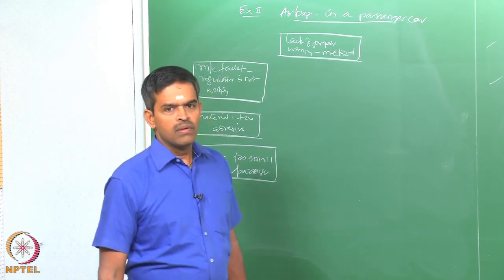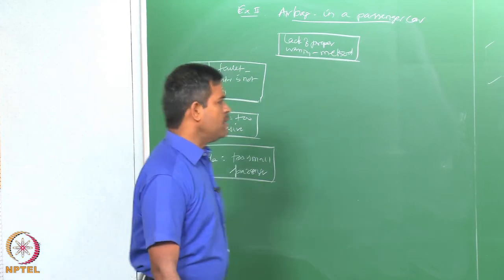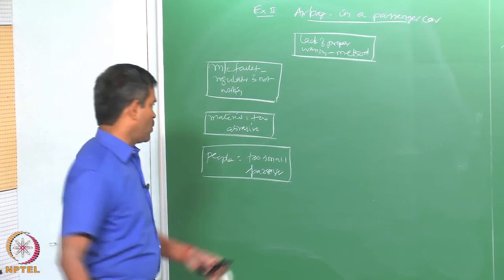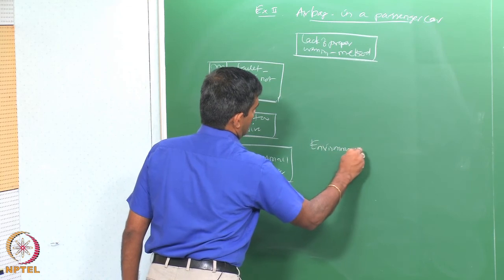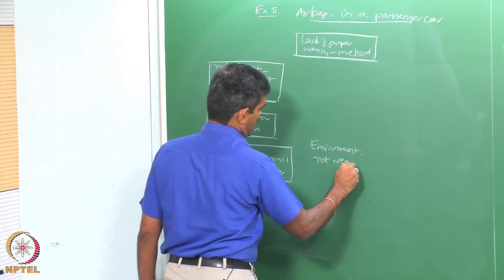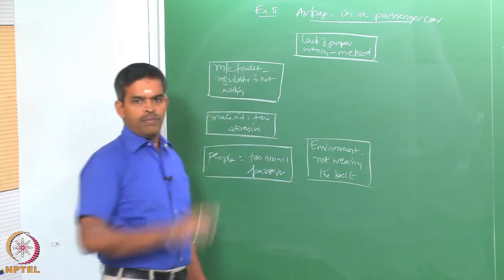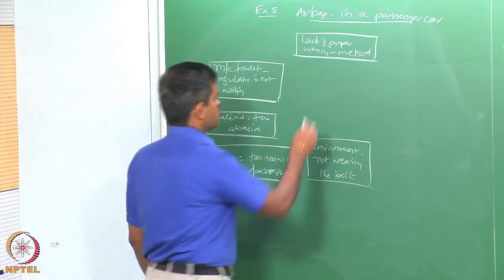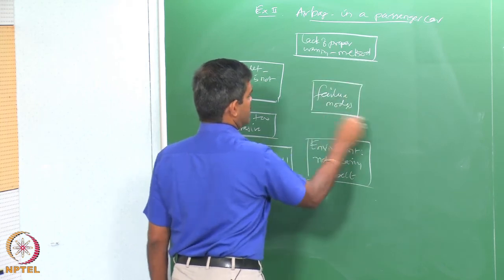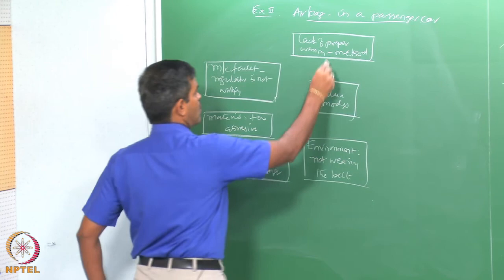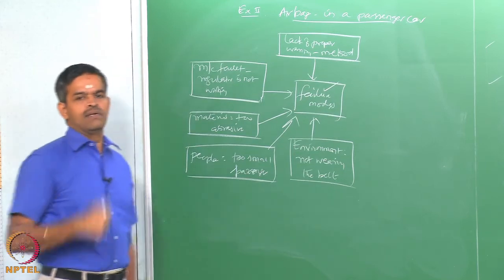The other one comes from the environment: the passenger not wearing the belt at all. So, all these could be the failure modes. Before you do FMEA analysis, let us first do the cause effect analysis, so that failure modes can be easily detected from the given system.